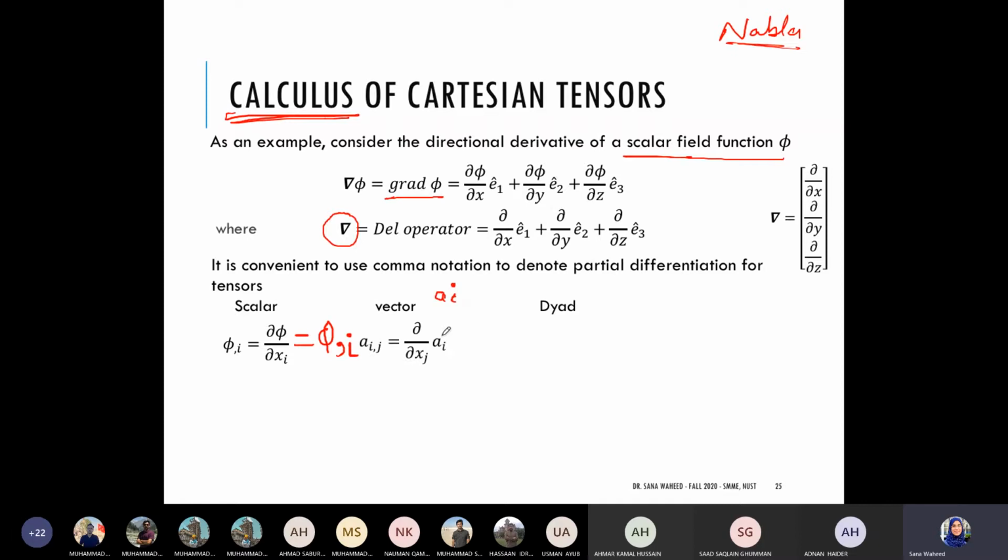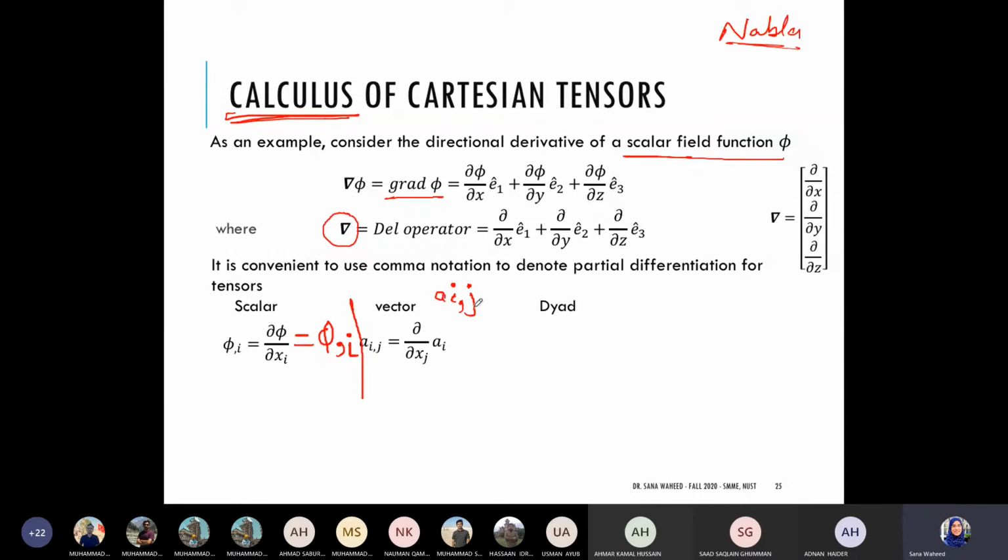So that then gives me, sorry, इधर एक लाइन ड्रॉ कर लेते हैं, a_i comma j, मतलब a का each component being differentiated with respect to each direction, where i goes from 1 to 3 and j also goes from 1 to 3.